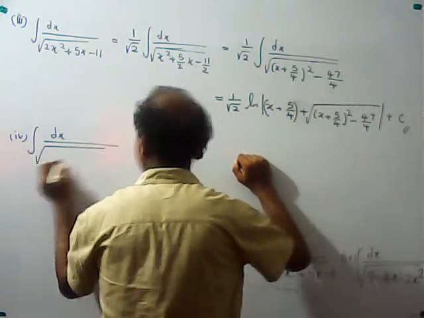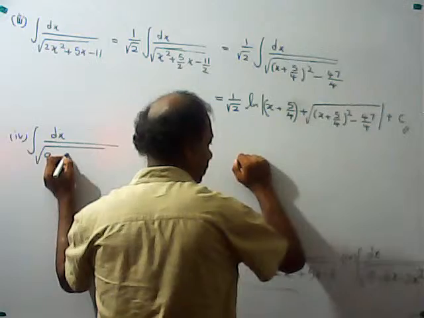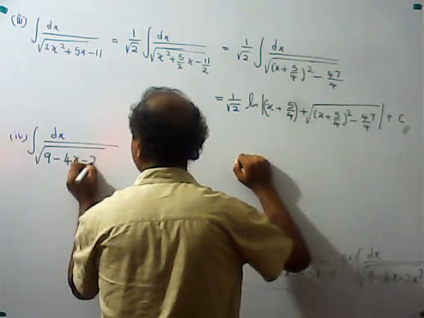Part 4 question is 9 minus 4x minus 2x squared.